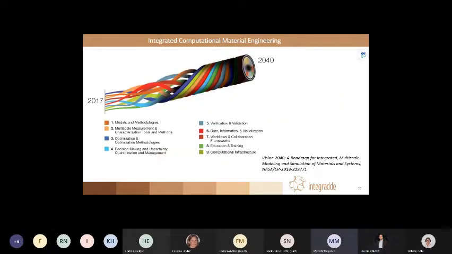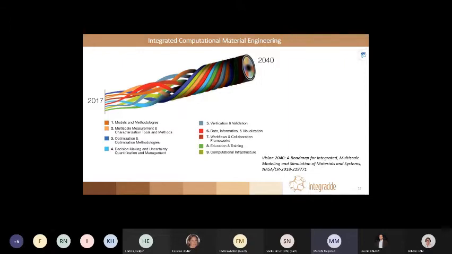So in a study performed in the United States, we would like to integrate all the different disciplines towards an integrated platform which gives us all information to make decisions correctly in early stages. The different disciplines will include models, multi-scale measurements, optimization schemes, decision-making tools.